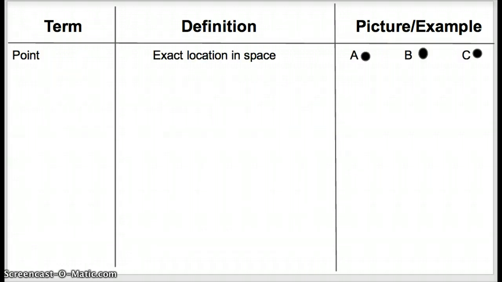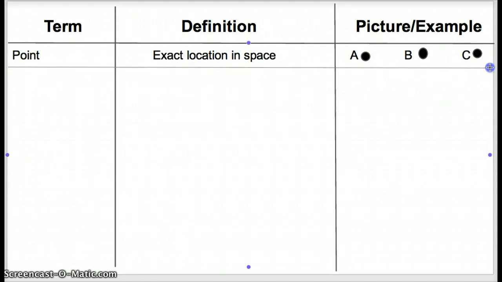Our first term is going to be a point, and the definition of a point is the exact location in space. And these are examples of points: point A, point B, and point C. It's pretty straightforward, and once you have done that, you need to draw a line. Kind of going to be creating a table here.